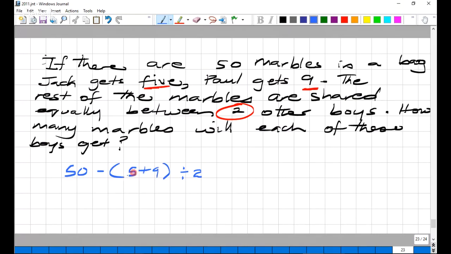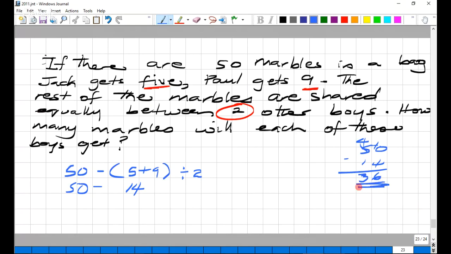Let's go. Whatever is in the bracket, we need to work out. So I'm going to say 5 and 9 will give us what? 14, sir. 14. If I have 50 and I take 14 from it, what will I have? 36, sir.